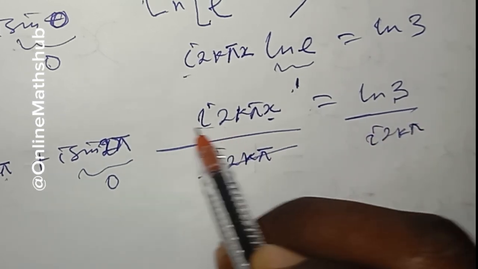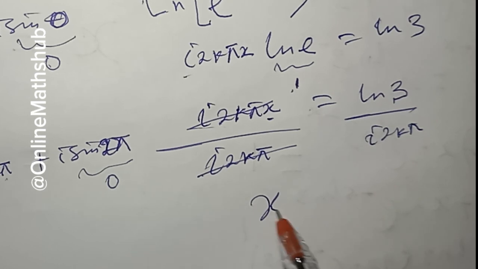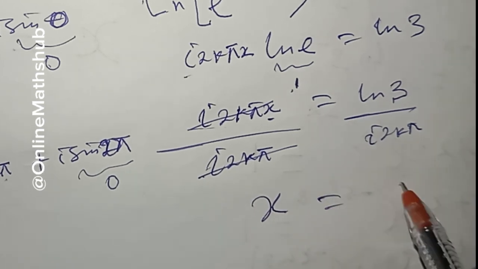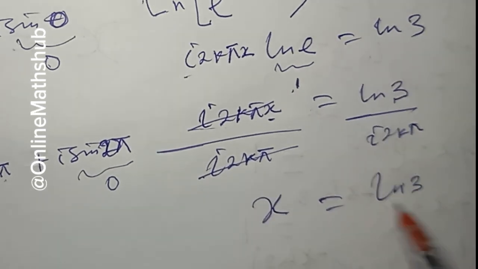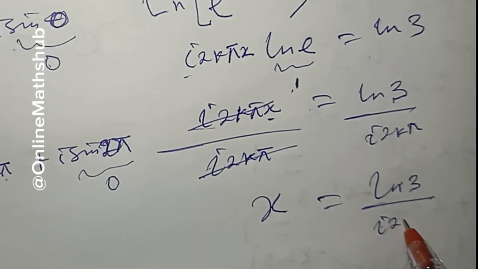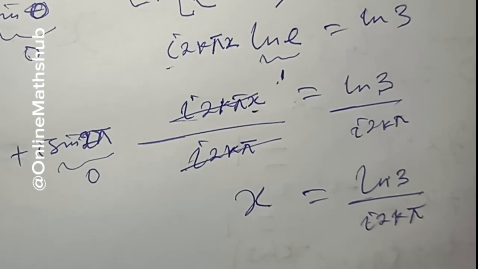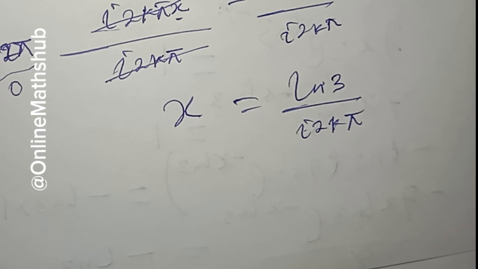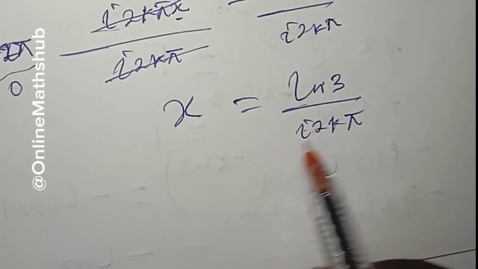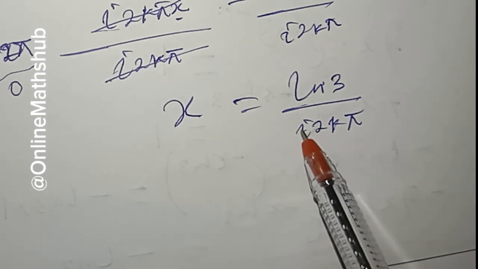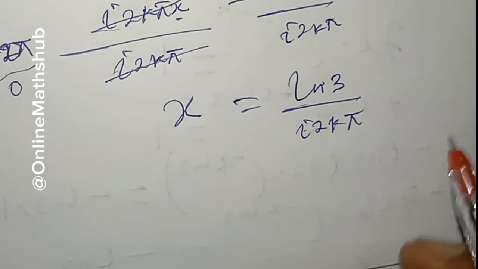This cancels these ones, and we are left with x equal to the natural log of 3 divided by i 2k pi. This is cool. The next thing we want to do is simplify this further so that the i comes to the numerator.